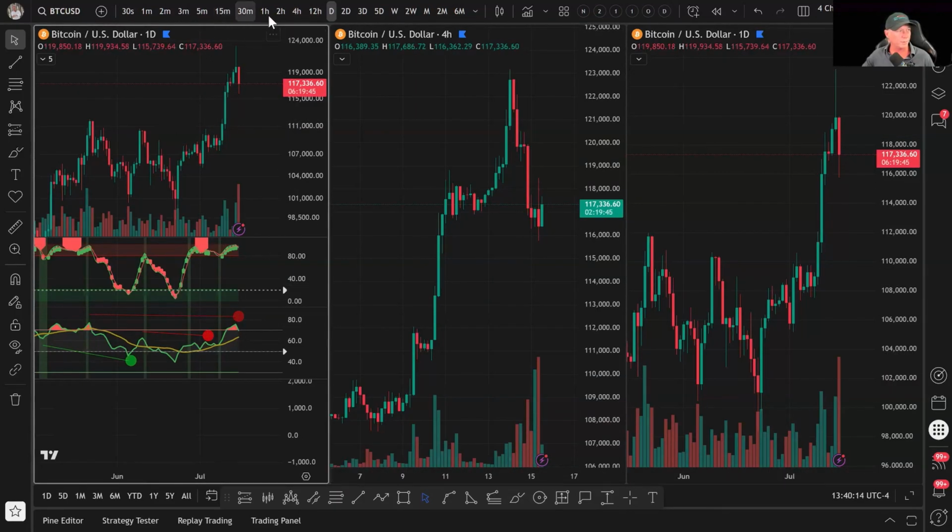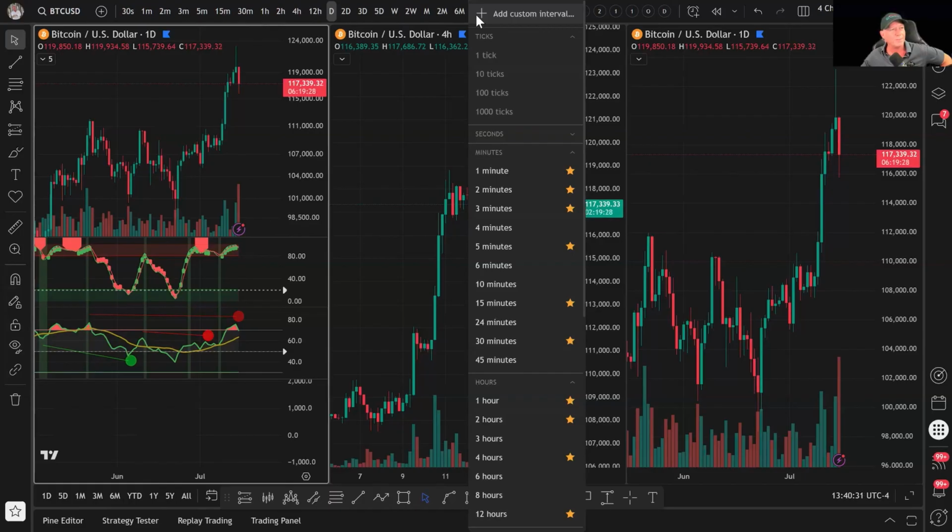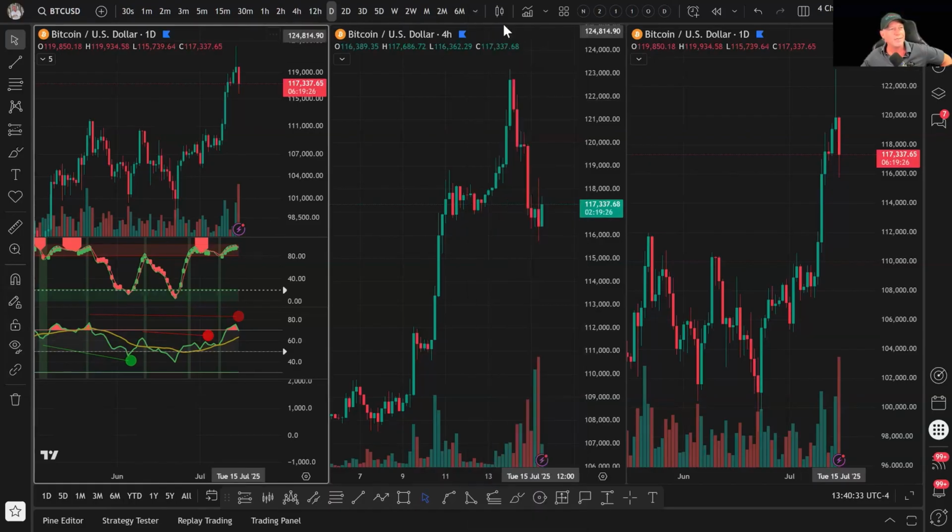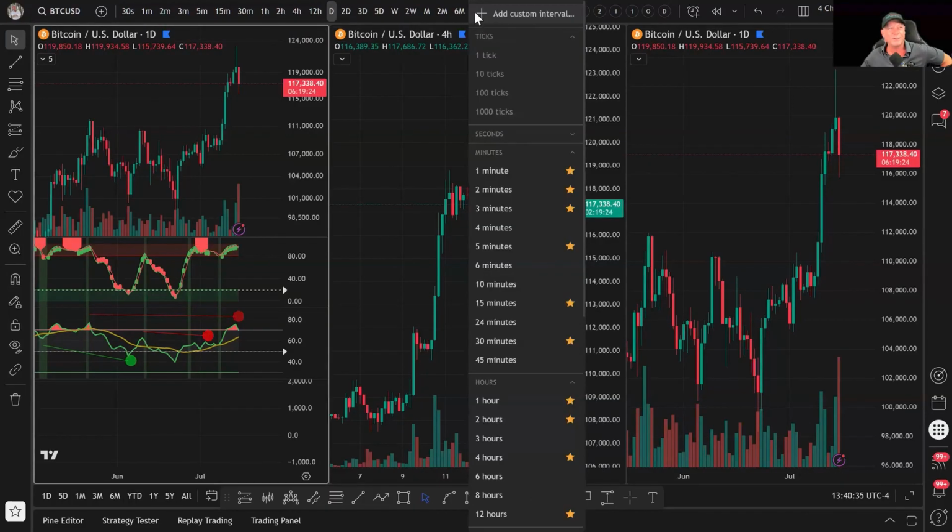Make sure when you click on multiple charts, the one that's outlined in white, then you can change the time frame up here. These are all favorites. They have some down in the lower left-hand corner. If your charts don't have these time frames, you can click the down arrow here, and then you can create favorites on them.